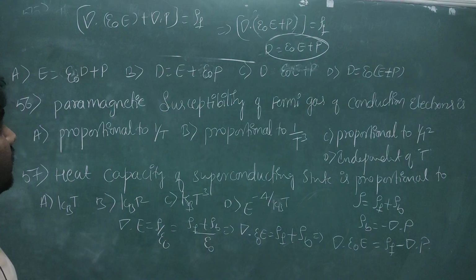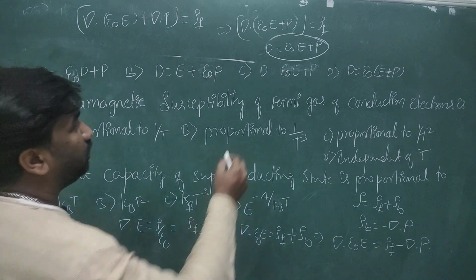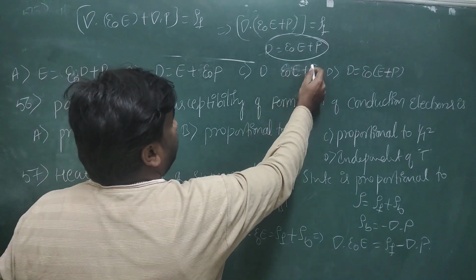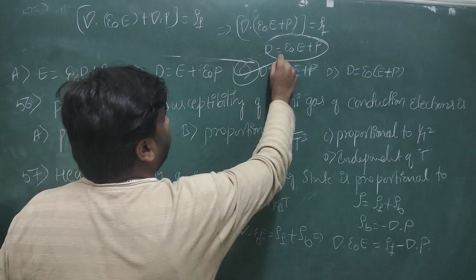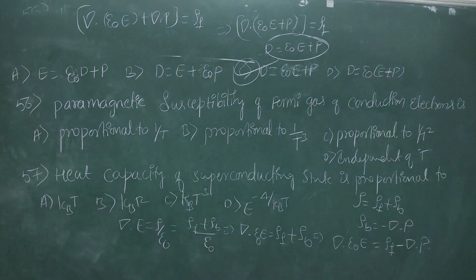So option C, D is equal to epsilon naught E plus P, is the correct option. Understood?